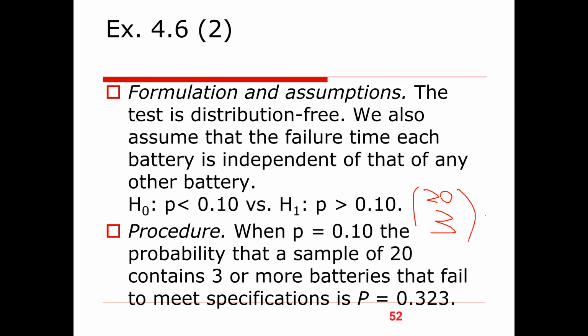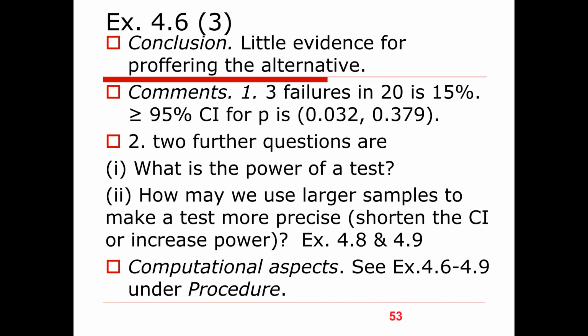And then p is 0.1 to the power of 3. And then q, which is 0.9 to the power of 17. This is ugly, but anyway, you get this, right? So we need to calculate PR using this equation. This is the binomial distribution equation. Okay.